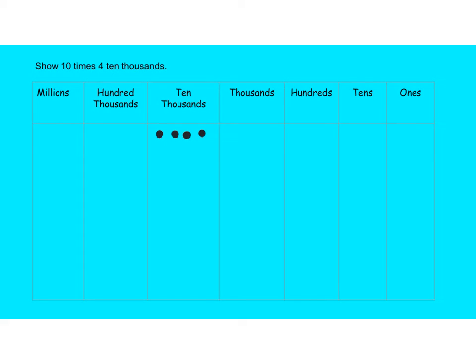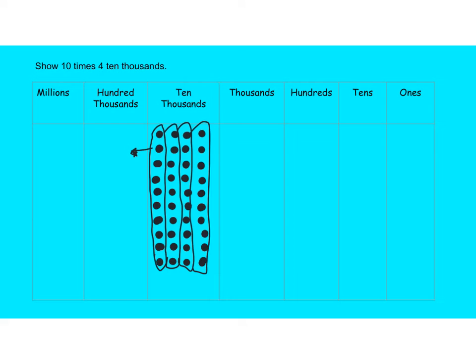Now we're going to take those 4 and multiply by 10, and then we're going to regroup to the 100,000s. After we regroup, we would have 4 hundred thousands. So at this point, we can say that 40 ten thousands is equal to 400,000.